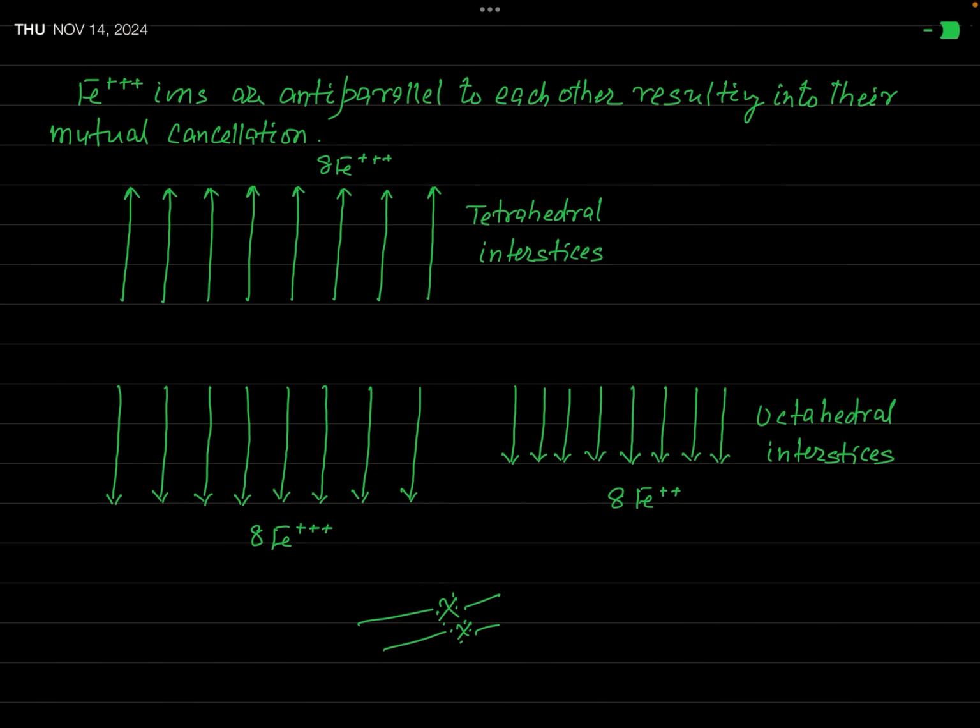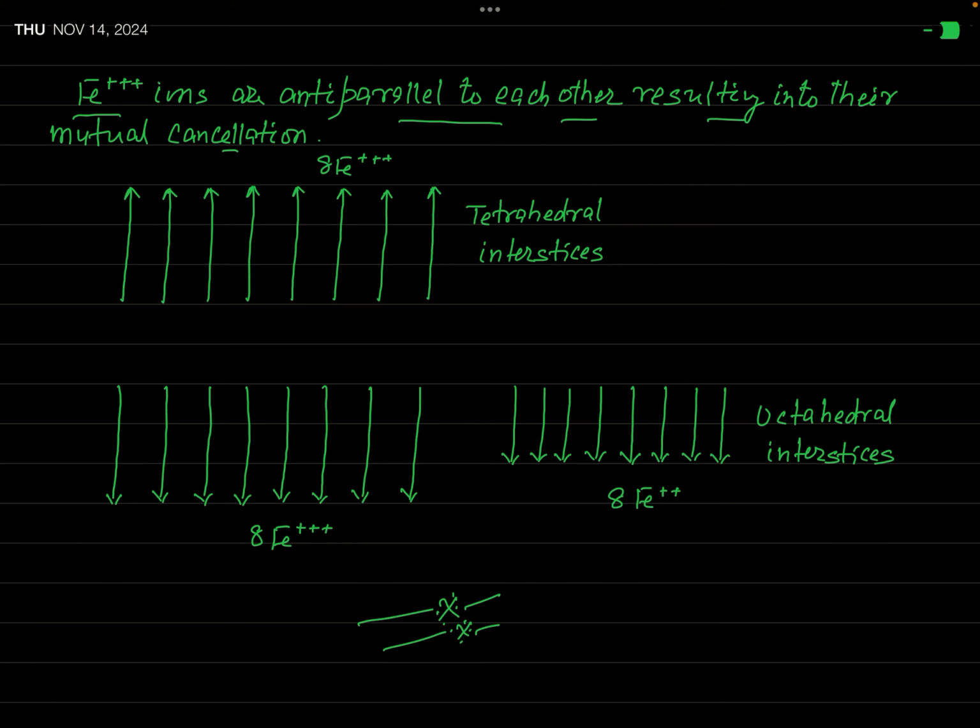Actually, this can be seen from this structure. You can see the Fe triple plus ions are anti-parallel to each other, resulting in their mutual cancellation.